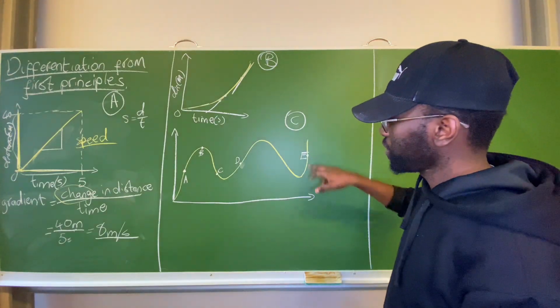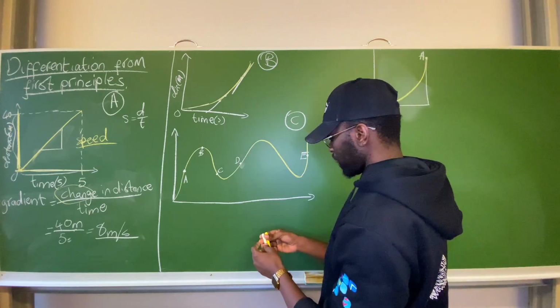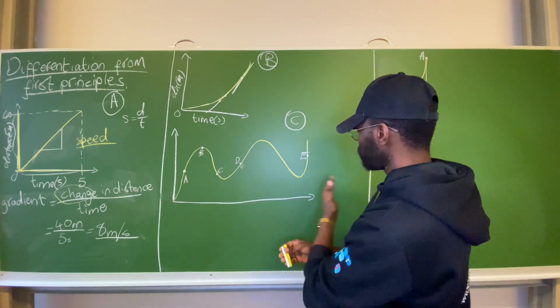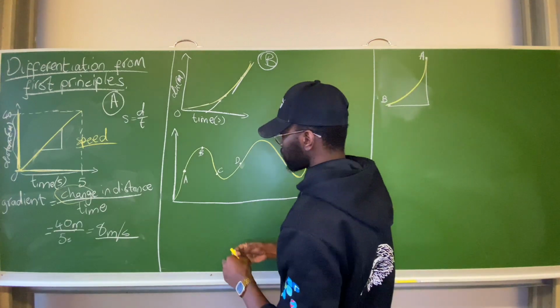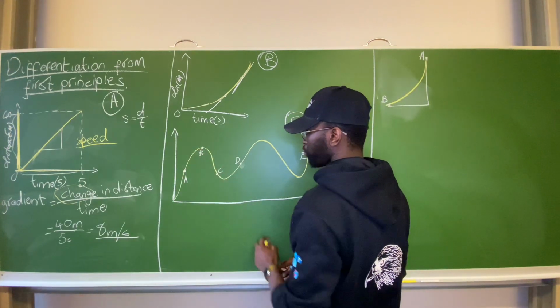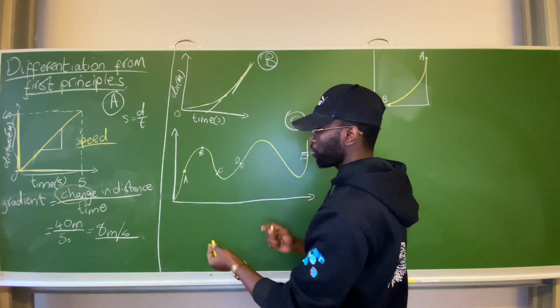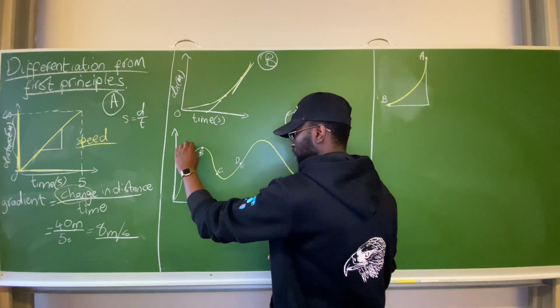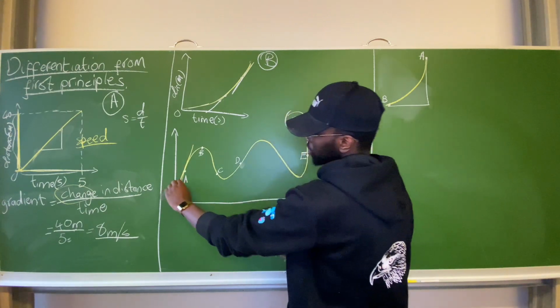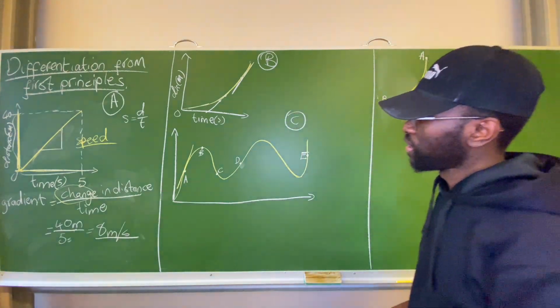Now, in the last graph here, at point A, let's look at how the gradient changes as we move along the graph. We do this at tangential points. A tangent is a line that touches a curve at one single point. At A, our gradient will be very steep.